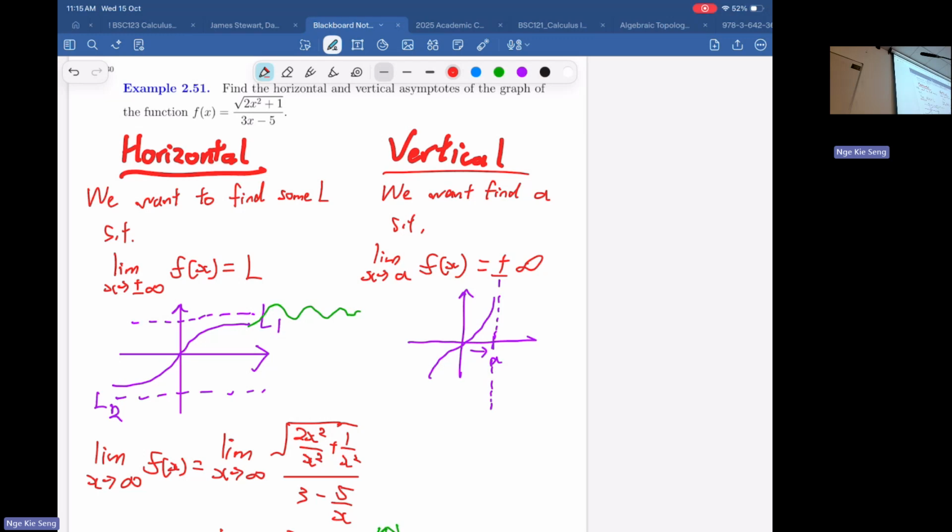When is this 0? When x is equal to 5 over 3. If you put a value close to 5 over 3, this 3x minus 5 will get very small, so you are dividing by a very small thing, and you get something very large.